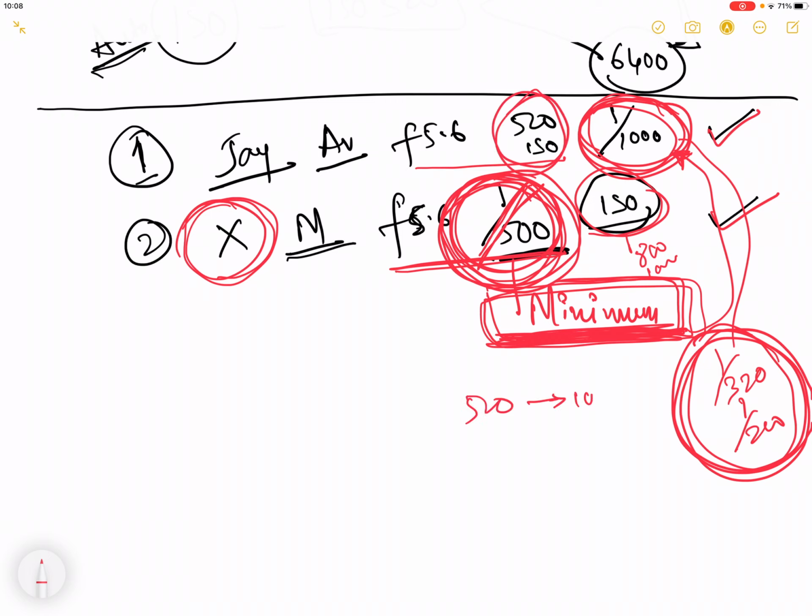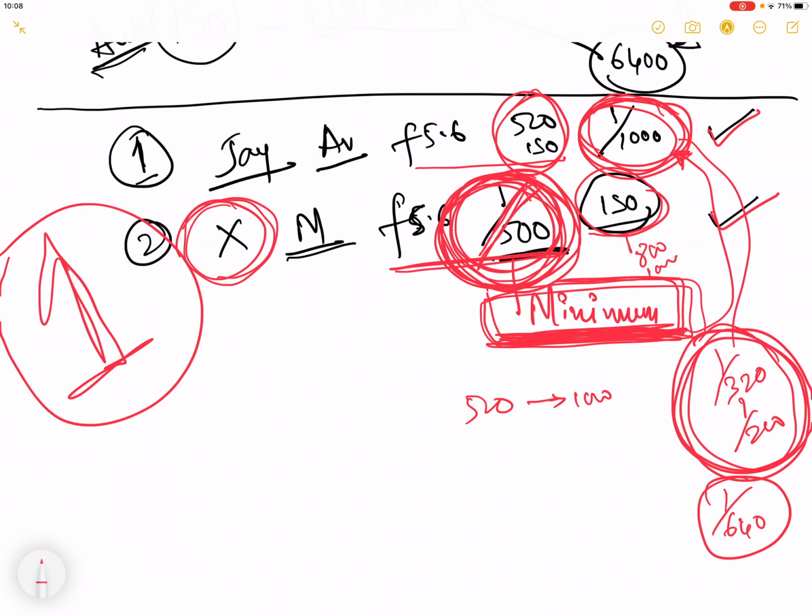I need to move that to 1000 ISO, whereby I would get a 640th of a second, which is slightly more than even 1 by 500th of a second shutter speed. So this happens to be my number one reason why I do not stick to manual mode with auto ISO, because sometimes I will be happy to get more than the minimum shutter speed. So in this case, 1 by 1000th of a second, 640th of a second, which is much better than sticking to a minimum shutter speed of 1 by 500th of a second.